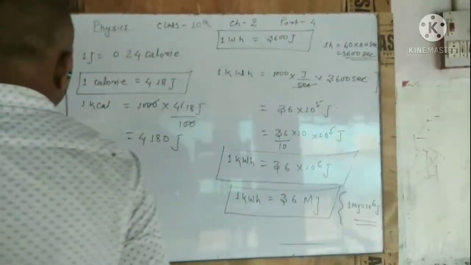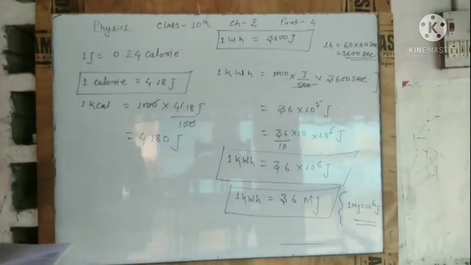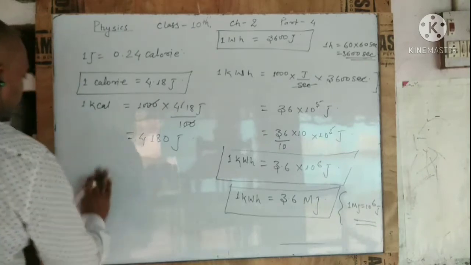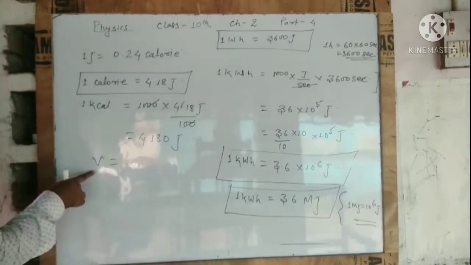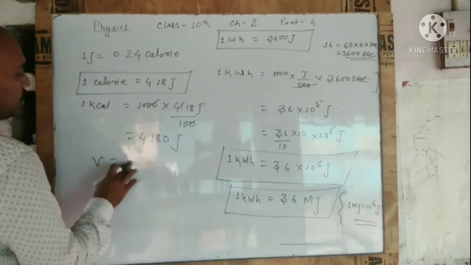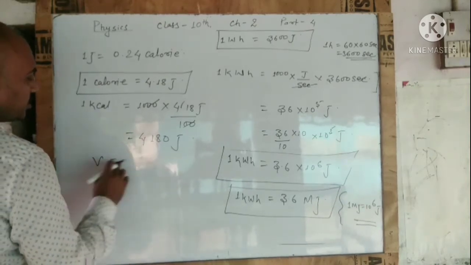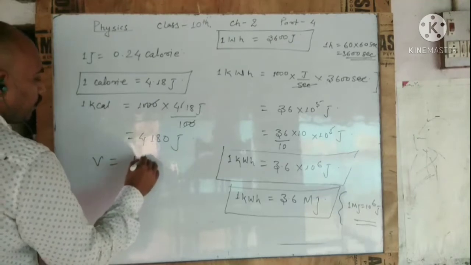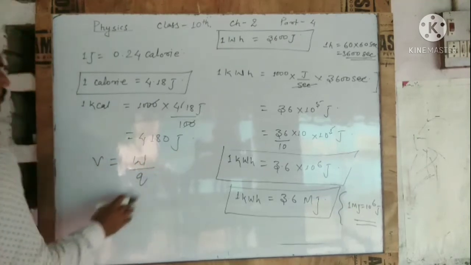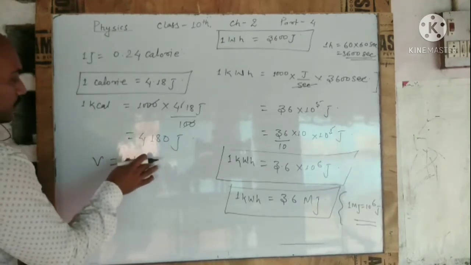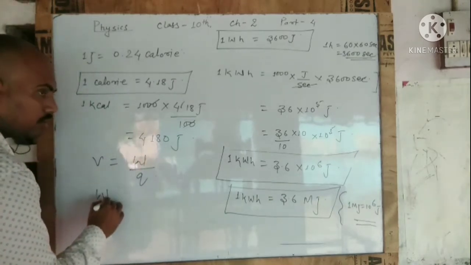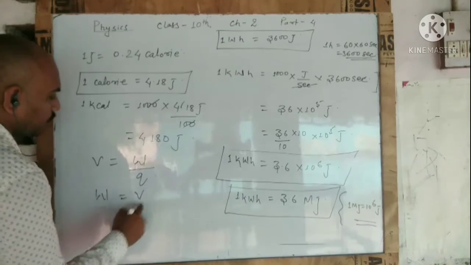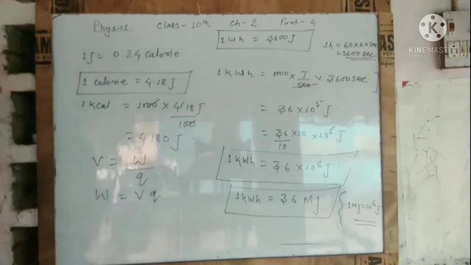In higher classes you will come to know that voltage is equal to potential difference, which is work upon charge. Work upon charge, so work will be potential into charge.